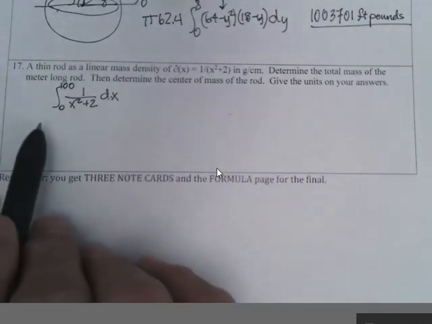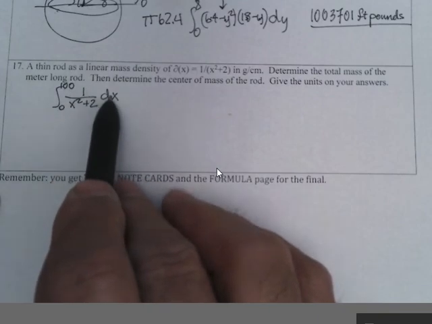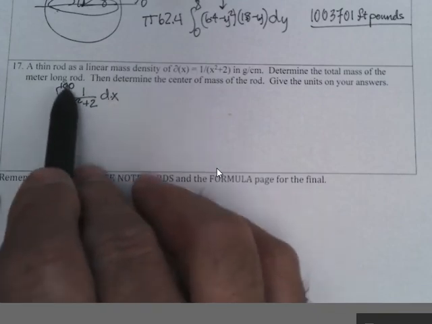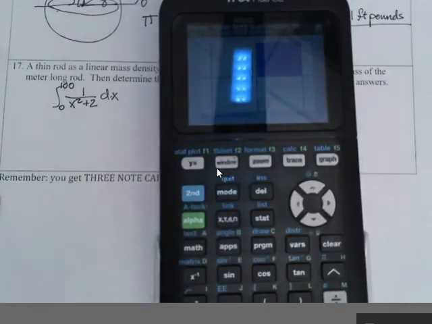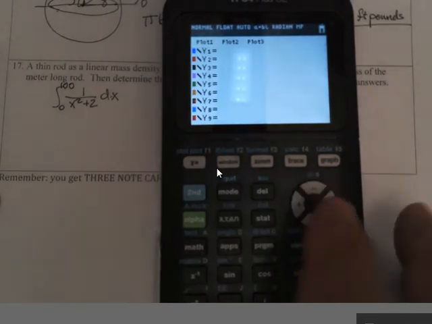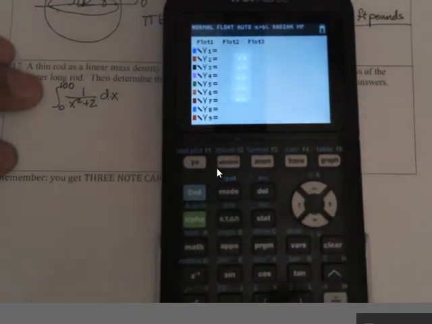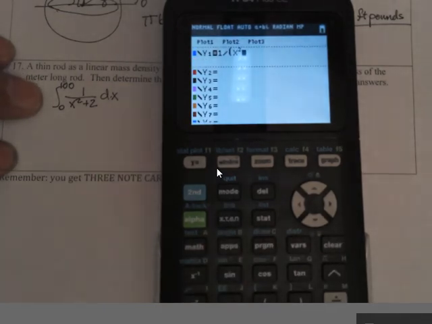Okay, so this is so many grams per centimeter times centimeters, and a meter is 100 centimeters. So we get clear, 1 divided by the quantity x squared plus 2, close parenthesis.